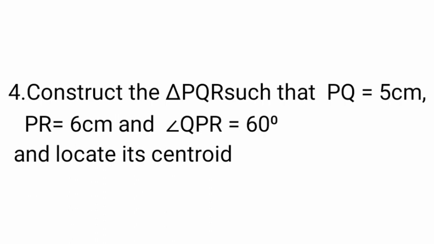QPR equal to 60 degree means we make an angle with center P. Make an angle of 60 degree at point P, and then we draw PR equal to 6 centimeter. The intersect point is R. Therefore we draw the required triangle PQR. And then we draw two perpendicular bisectors and join the medians. The medians intersect at G. G is the centroid. Can you understand?